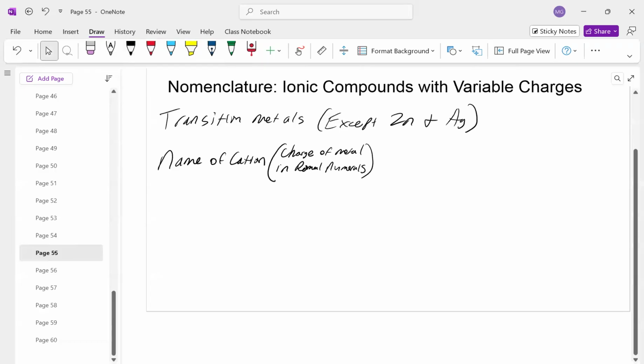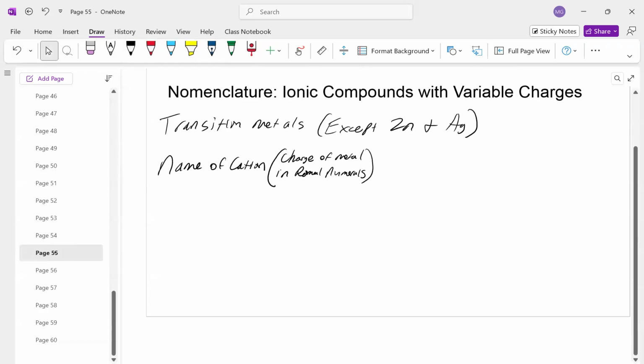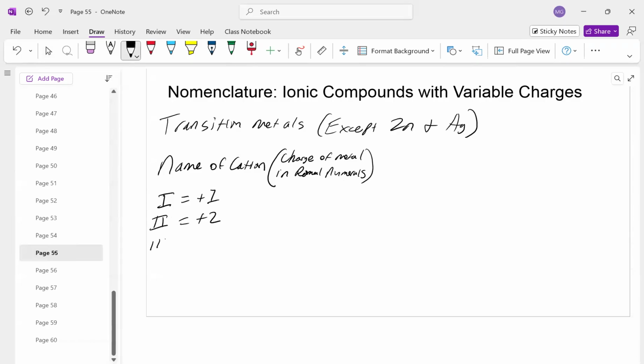And just in case, I don't want to assume you know how to write Roman numerals, but the ones you should know: we use an I for +1, two I's for +2, three I's for +3, IV for +4, V for +5, VI for +6, and then VII for +7.